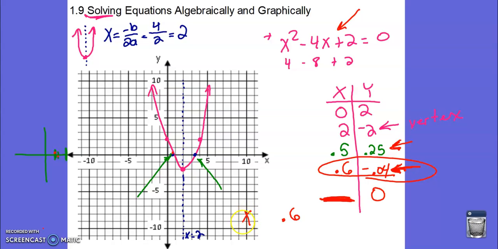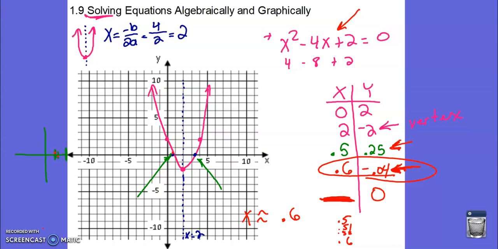So x equals 0.6. I really should put approximate. X equals approximately 0.6, again to the nearest tenths place. If I wanted to go to the hundredths place, then I would have to get a little bit more accurate. Between 0.5 and 0.6, there's 0.51, 0.52, 0.53, 0.54, 0.55, and so on.